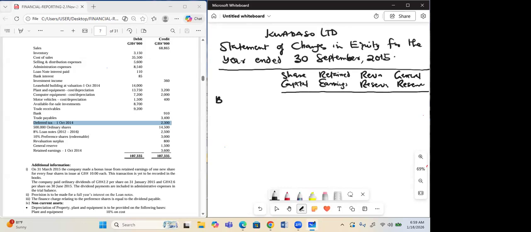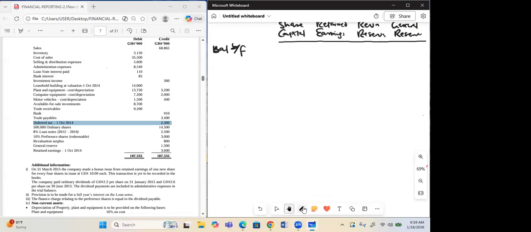All of them should have their opening balance. Give me their balances in the trial balance. Share capital is 14,500. Retained earnings 3,600.